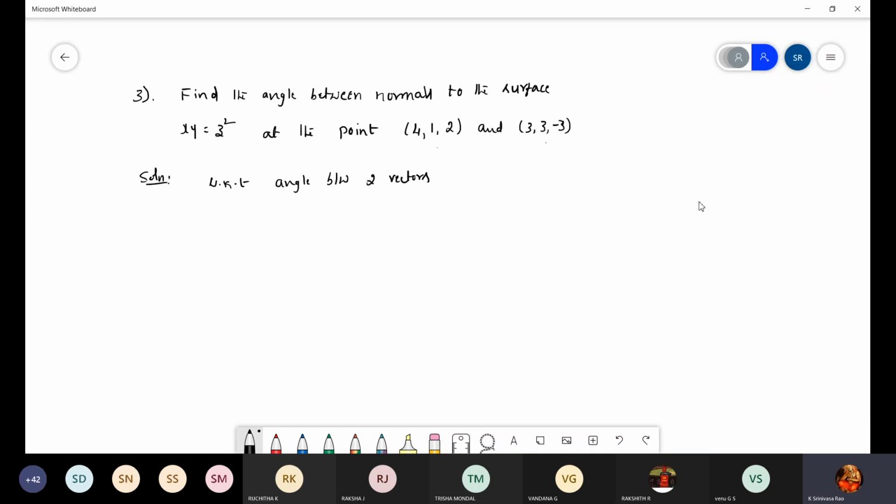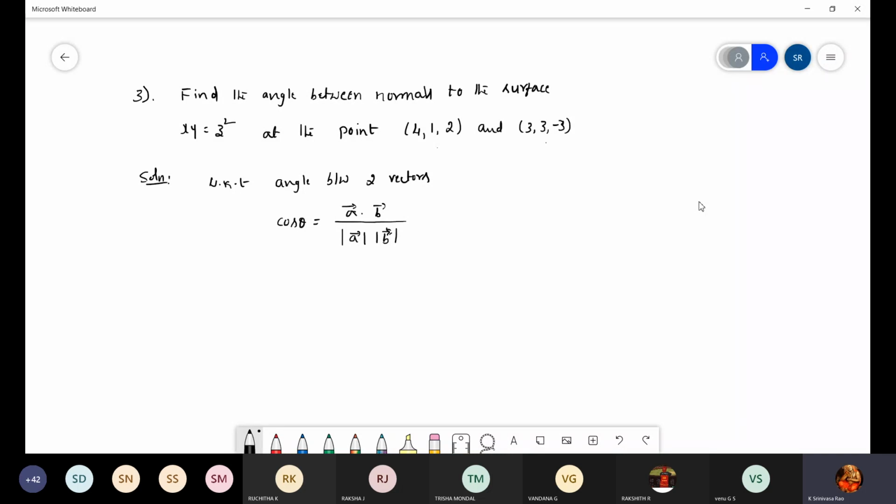Write on the next line, cos theta equals vector A dot vector B. Here, for the above alphabets you should write arrow mark only. Divided by magnitude of A, magnitude of B. So first you have to calculate two vectors and their corresponding magnitudes also. Then you can substitute in this formula.